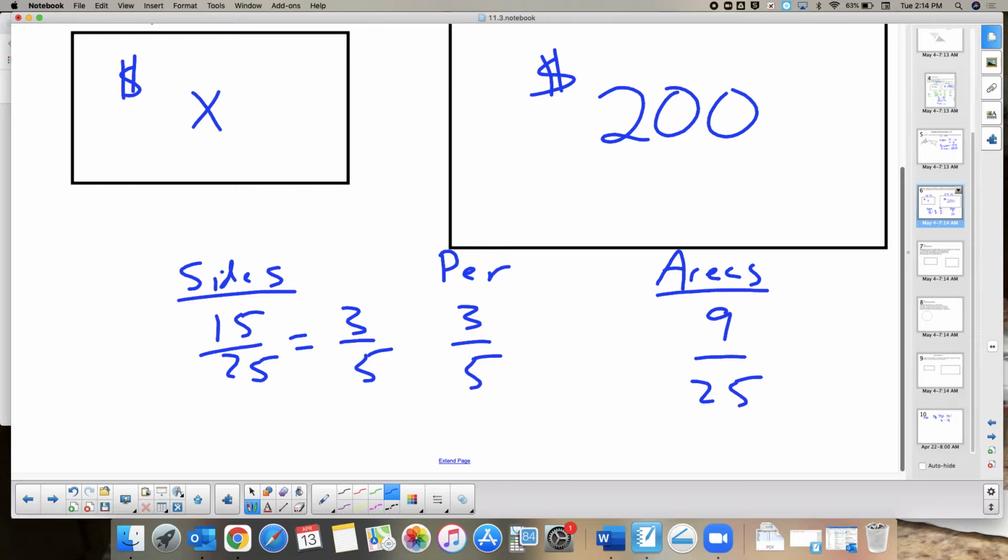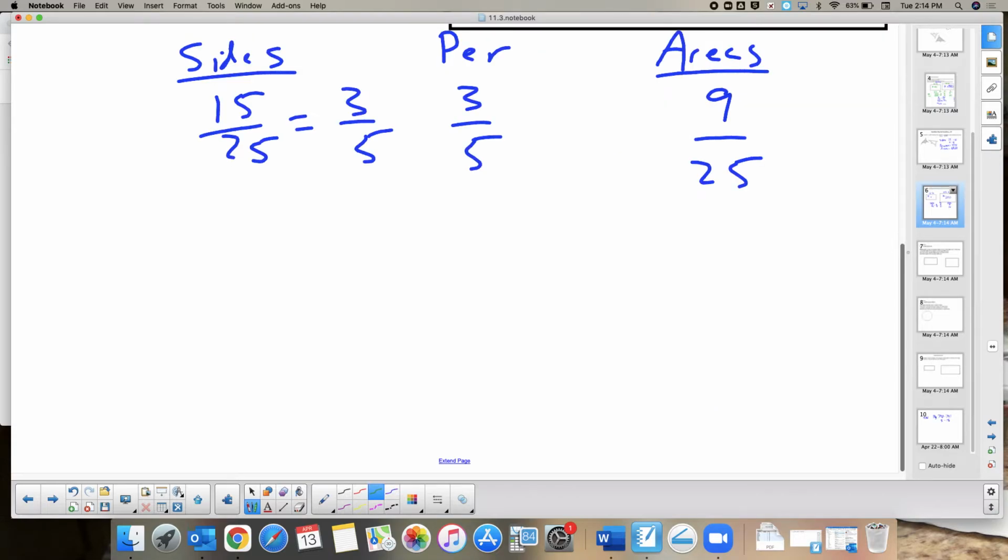Once again, it is still sold by the square foot, so for the ratio of our areas, we're going to use 9 over 25. Now we do not know the shorter roll, but they're saying the longer roll will be 200.